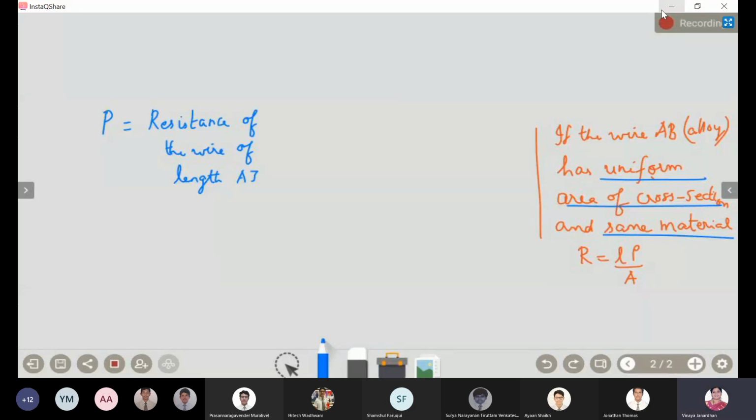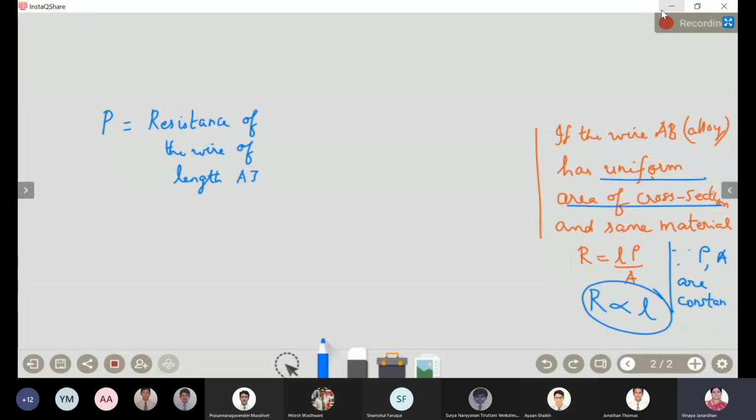So R is proportional to L. This is the principle you are applying here. Is that clear, boys? Why? Because rho and A are constant.